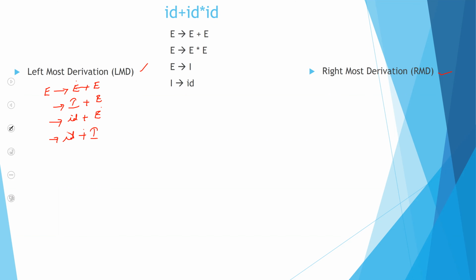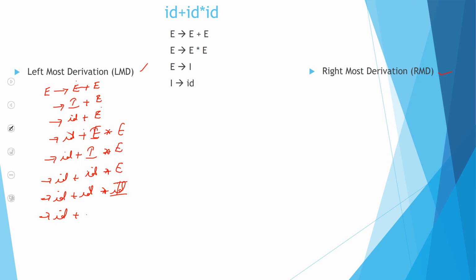So it changes into E into E. This is I into E. This is ID plus ID into E. ID plus ID into ID. I have derived it.